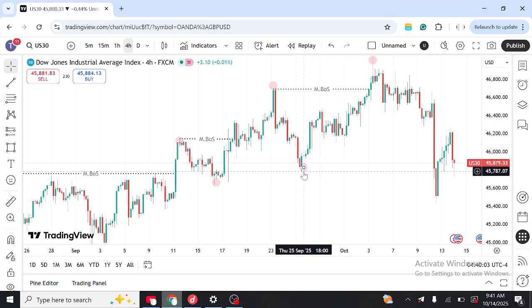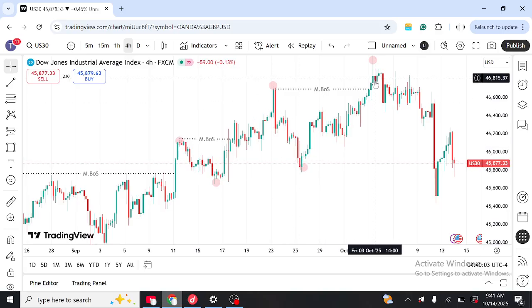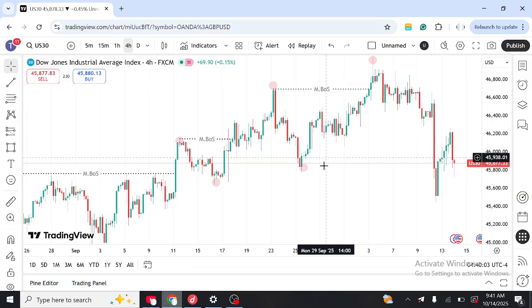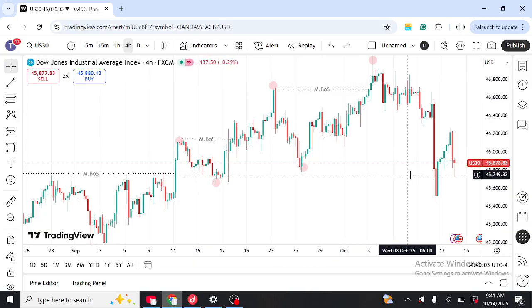Now here, look at this. Remember I told you that those who push the market from this level to break this high are going to protect this level so that price doesn't come below it.